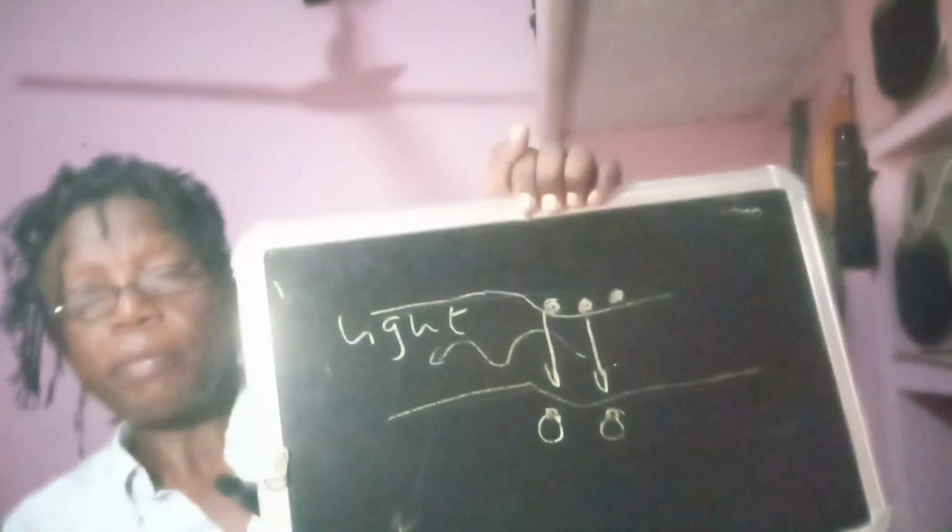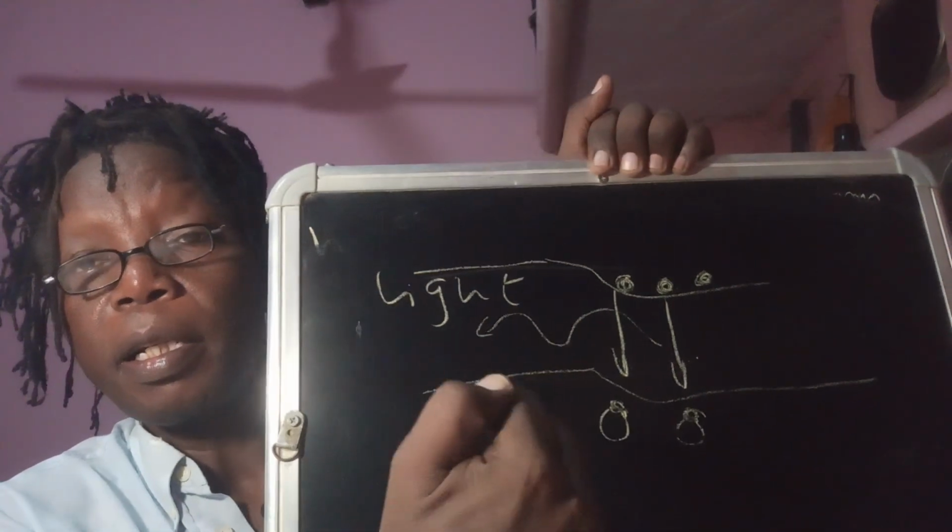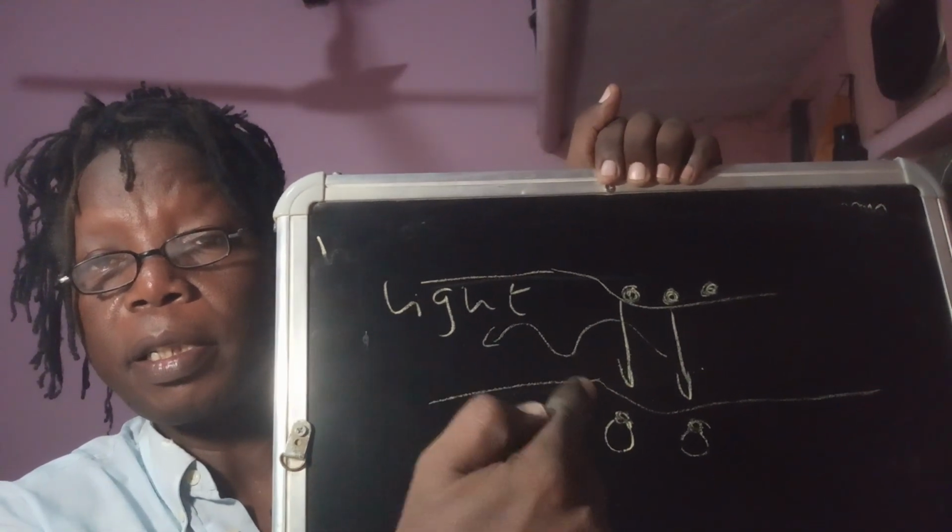So these are electrons, and the holes and the electrons combining. I'm just trying to illustrate this to you, and then when they combine, the light wave goes this way, and this is what we call the Fermi level.